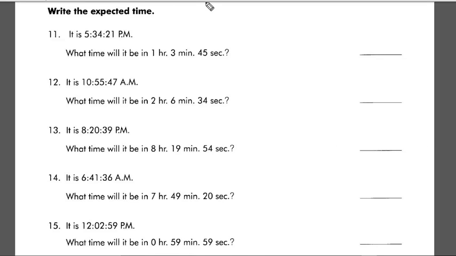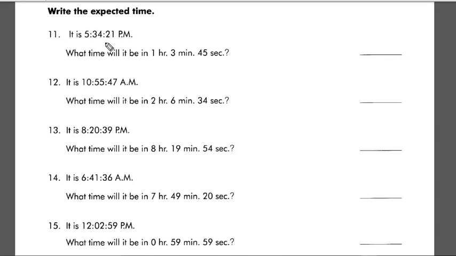It will usually be specified 12 or 24 hours. If it's not specified, use the format they have given you. So we'll give our answers in the 12-hour clock, although I might use the 24-hour clock in my calculations, because sometimes that can be helpful. But you always have to bear in mind, are you going past 12? Is it going from PM to AM or AM to PM? You have to think about that.